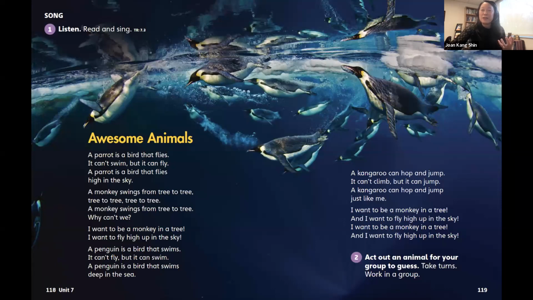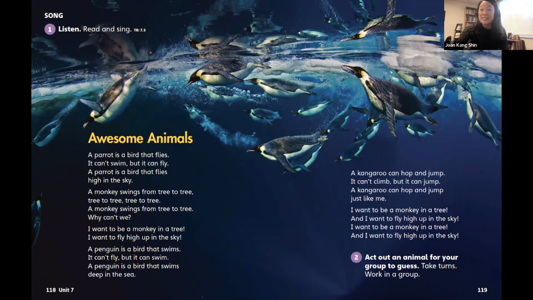So they could create their own song, right? Like, Joni is a girl who swims. She can't fly, but she can swim. Joni is a girl who swims in the ocean. So you see, you can connect to students' lives and make the learning fun and expand the language.